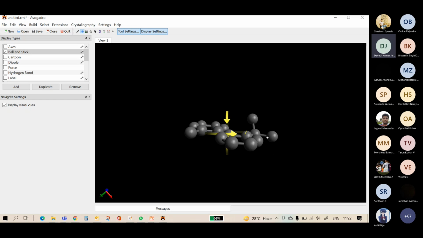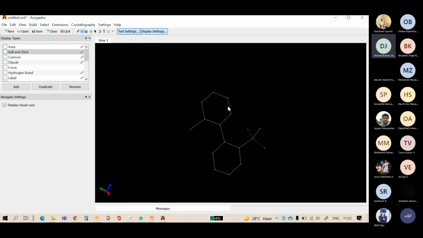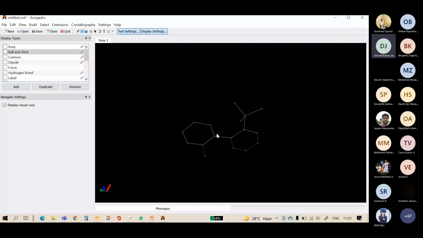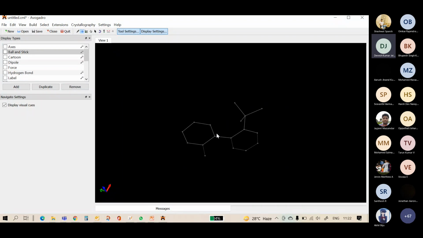As far as the science is concerned, it's important. But when it comes to the applications of these kind of models or this molecule, there may not be great applications here.